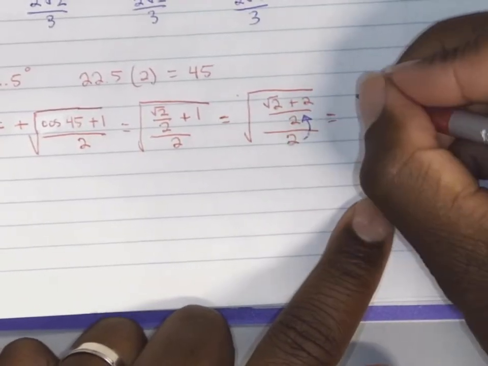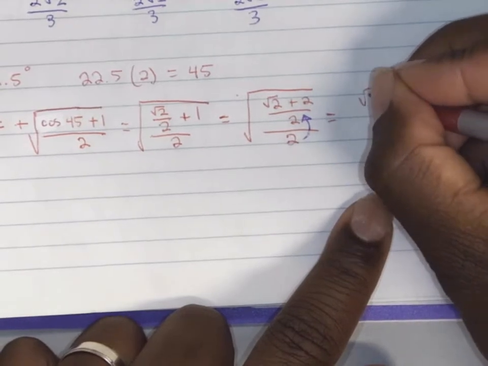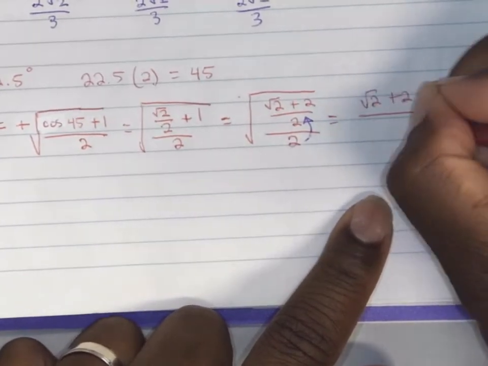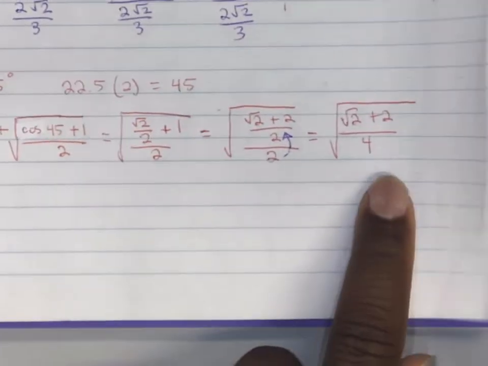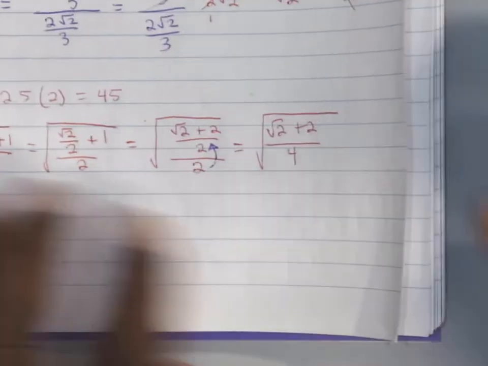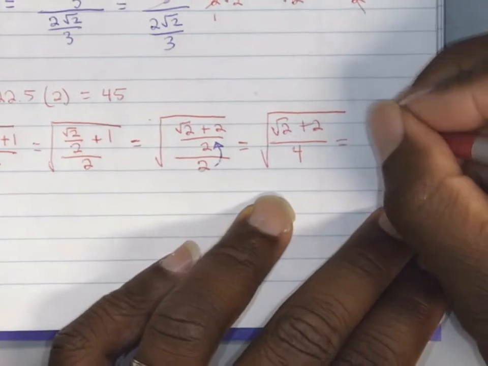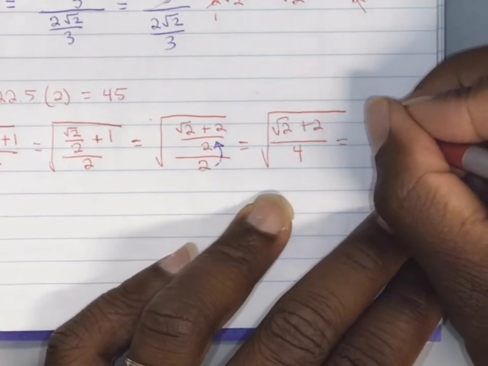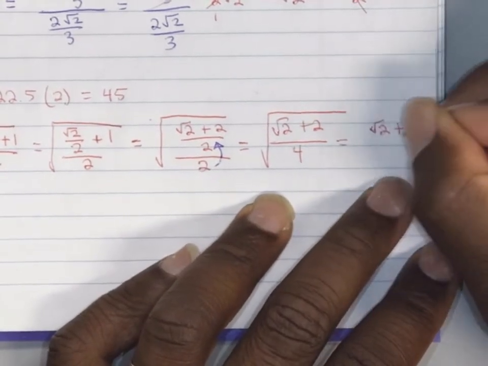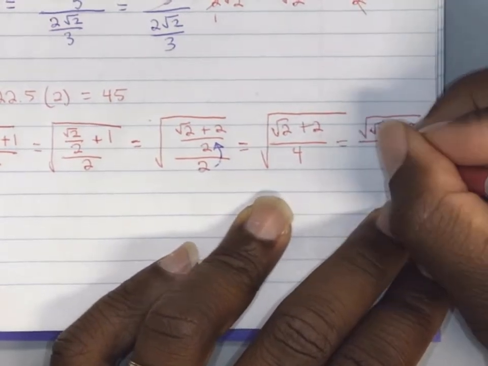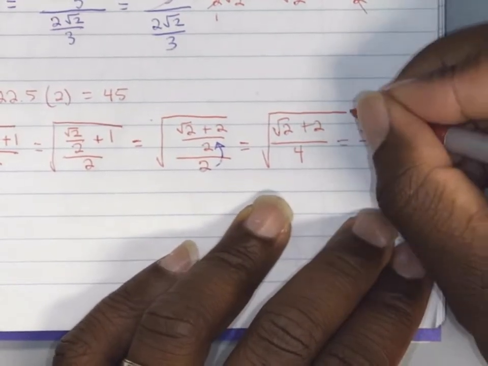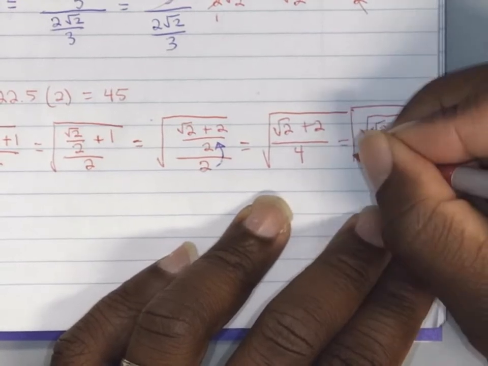So root 2 plus 2 all over 4. And then I can do the square root of 4, which is just 2. So what I finish with is root 2 plus 2, still under the radical, but since I did the square root of 4, I can take that part out of the radical. And what I get is square root of 2 plus root 2, over 2.